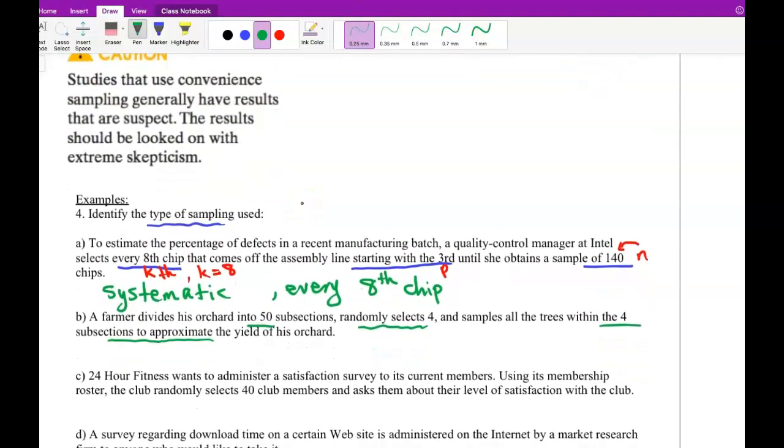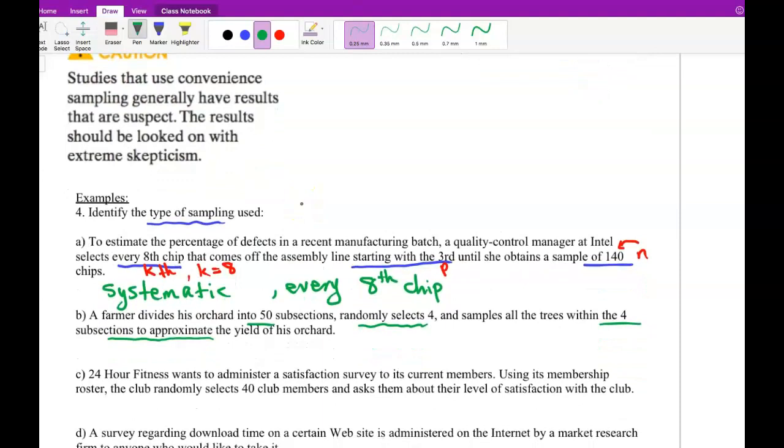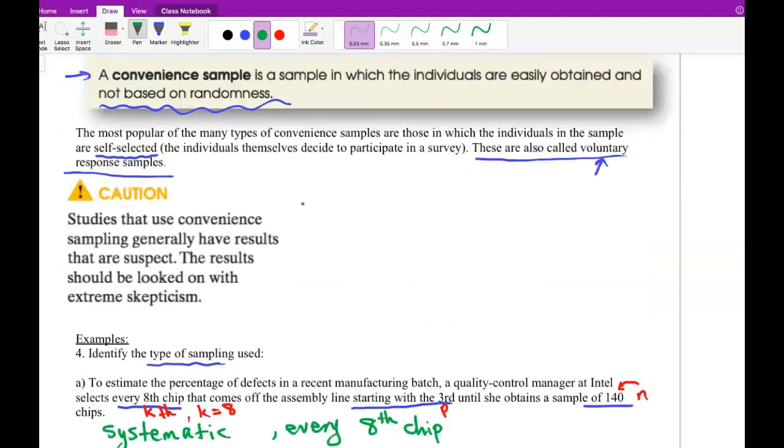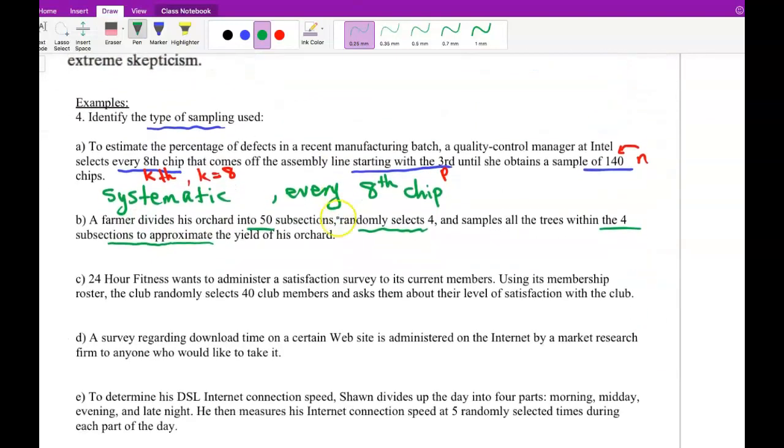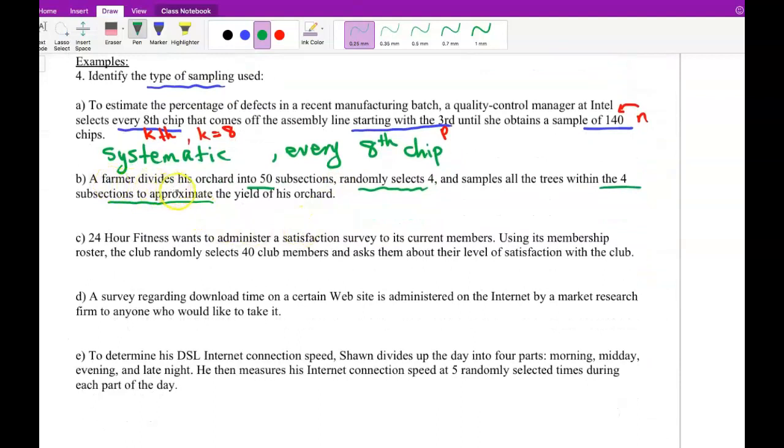This is cluster sampling. The farmer divides his orchard into 50 subsections. He's not choosing them, just dividing into 50. And then he randomly selects 4 from these and samples all trees within the 4 subsections.